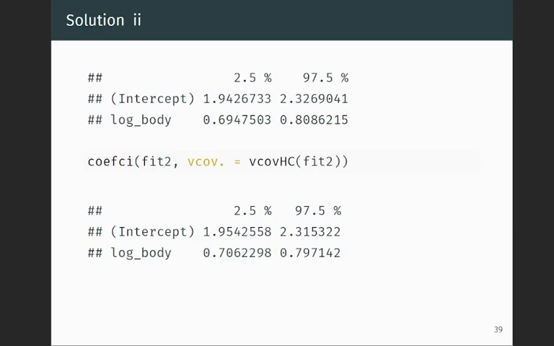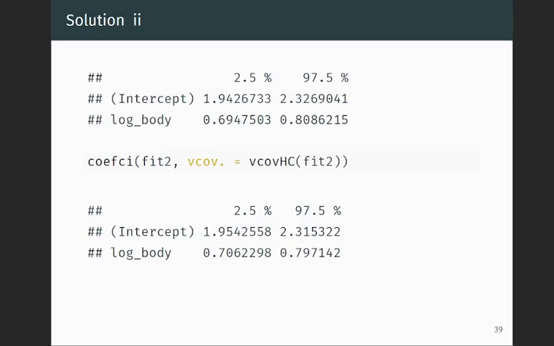Next, we can compute those robust confidence intervals using the same code as before. Remember, we're using the function coefci. The first argument is the object fit2, and the second argument is the standard errors that we compute using vcovHC of fit2. When we do this, we now get slightly smaller confidence intervals, but again, they're essentially the same as the ones before.